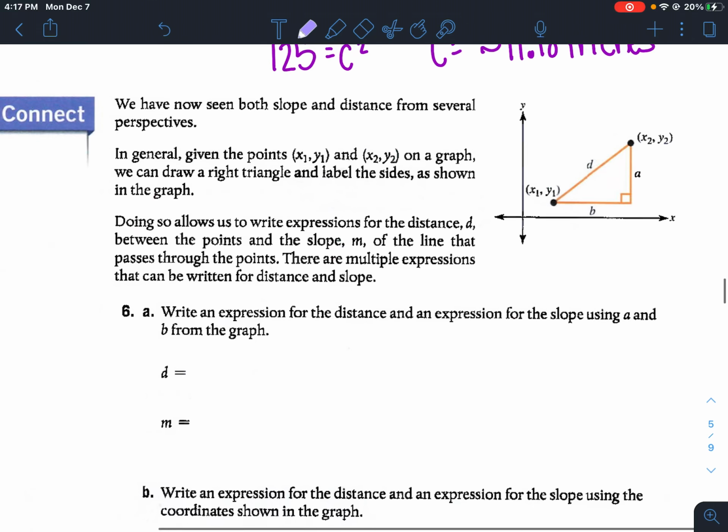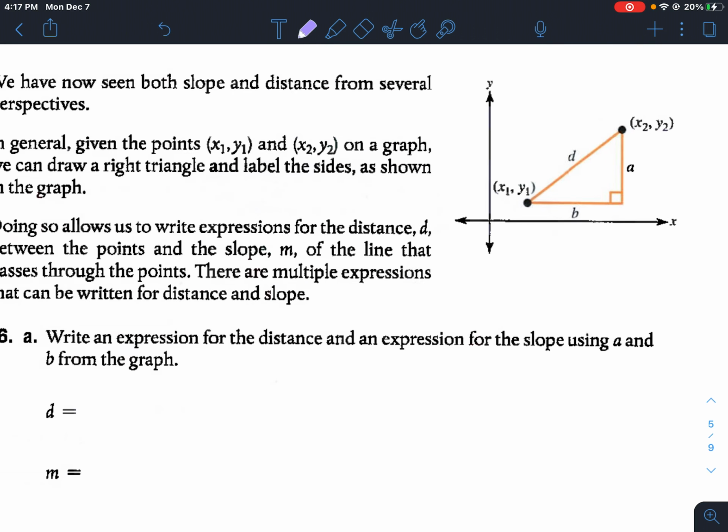All right. And then just the last part, we've seen both slope and distance formula from several different perspectives. Distance formula today, slope formula in the last little lesson. In general, given the points x1, y1, and x2, y2 on a graph, you can draw a right triangle, label the sides as shown in the graph here.